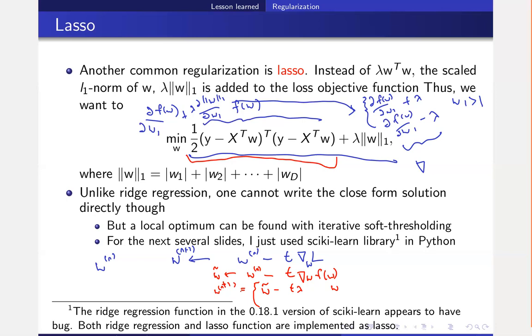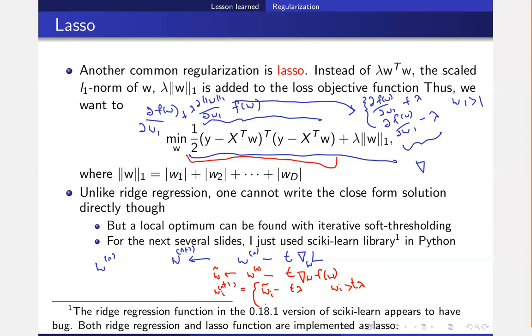Actually, I need to write this component wise. So for the ith element of this vector, the ith element of W n plus 1 will be equal to wi tilde minus t lambda when wi is bigger than t lambda.